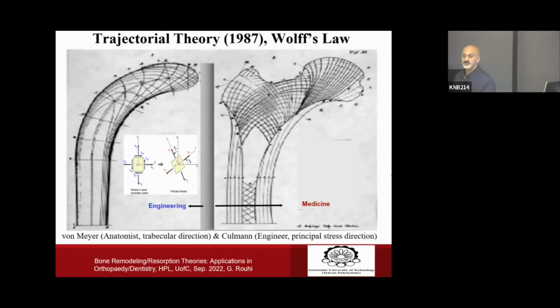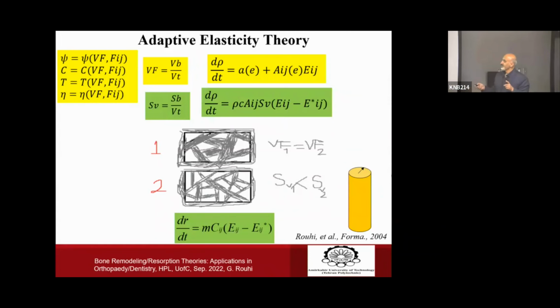This is important from a mechanical point of view. We know that the strength of our bone is owed mostly to the percentage of the solid phase. They've assumed in their constitutive equations that the rate of remodeling is a function of volume fraction and mechanical stimulus.